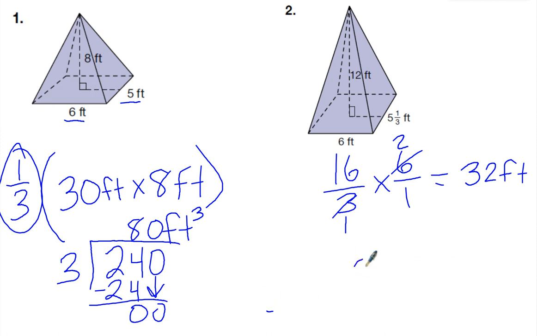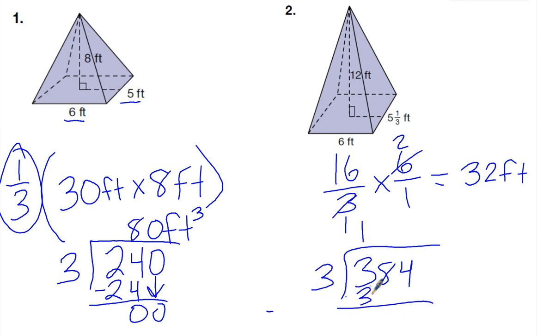So 384 divided by 3. 3 goes into 3 once, it's 3, subtract 0, bring down the 8, 3 goes into 8 2 times, that's 6, subtract, that's 2, 3 goes into 24 8 times. So 128 feet cubed.